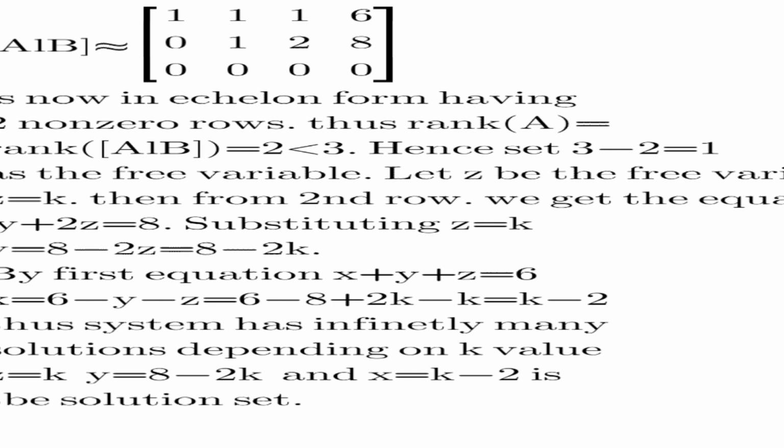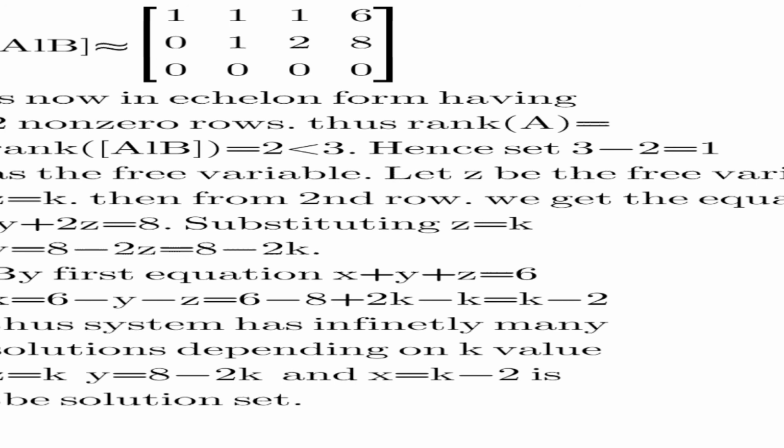And from the first equation we see that x plus y plus z is equal to 6, or we have x is equal to 6 minus y minus z, and substituting z is equal to k and y is equal to 8 minus 2k, we can write x is equal to 6 minus (8 minus 2k) minus k.